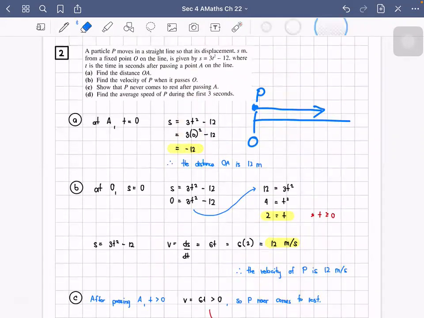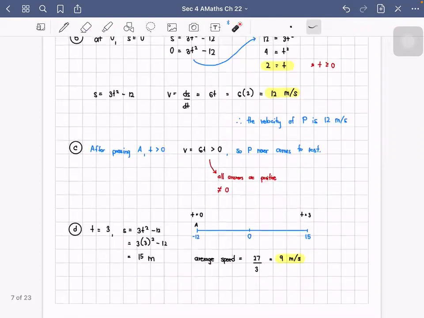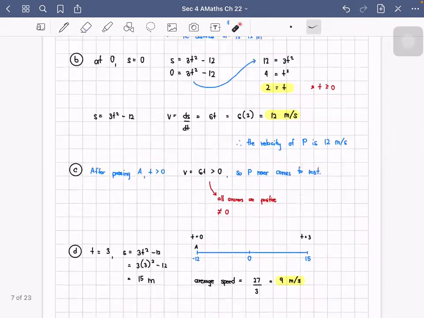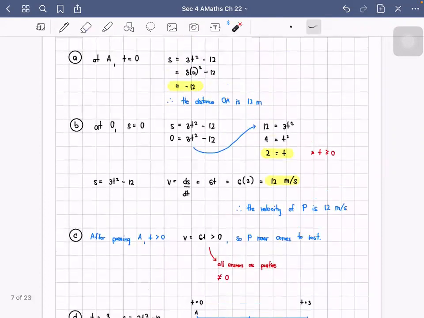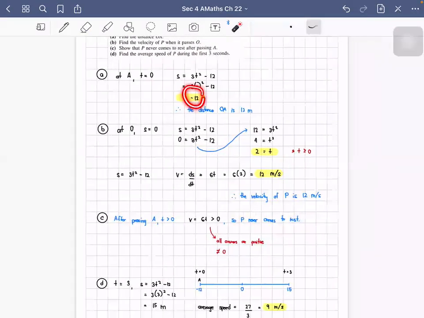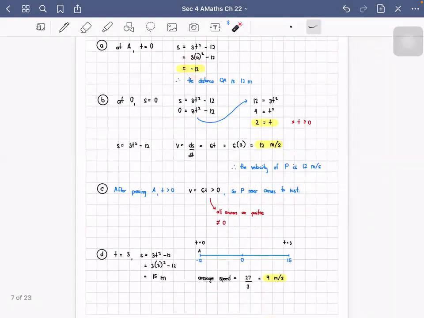So basically, point A is here. When time is 0, point A is at negative 12 away from the origin. So it came from letter A. That's why the displacement is negative 12. It went here. This is negative displacement. It's on the left of the origin.